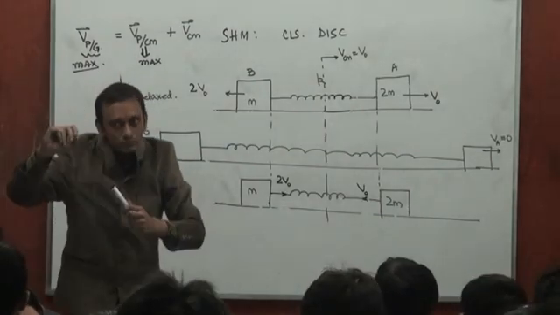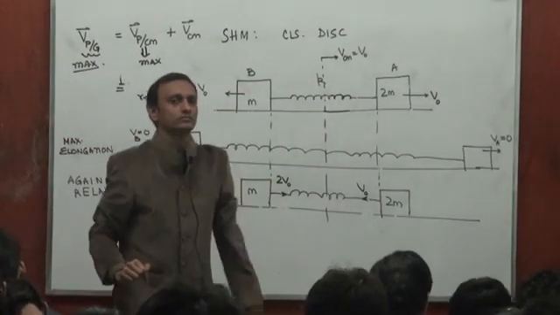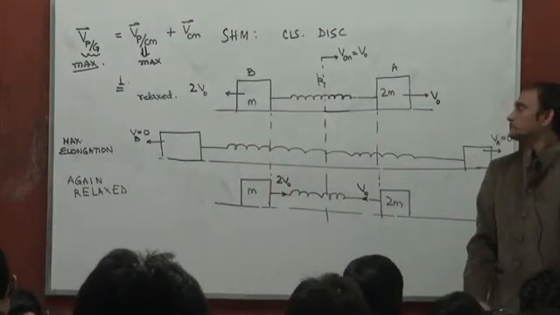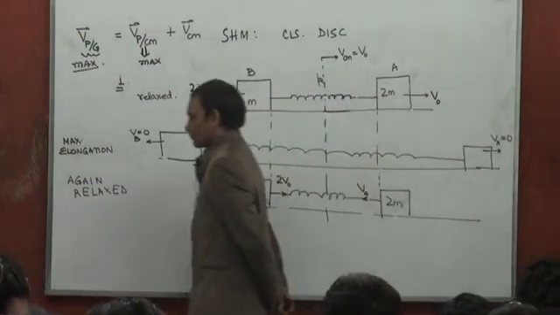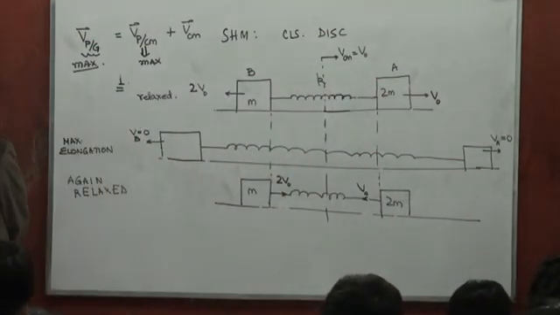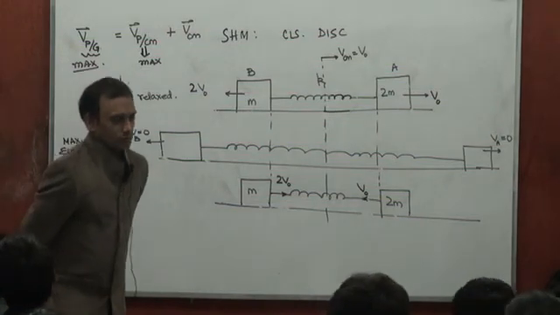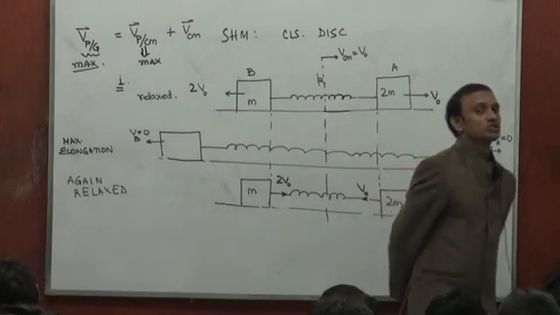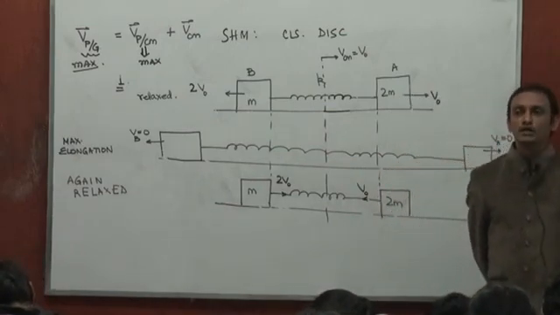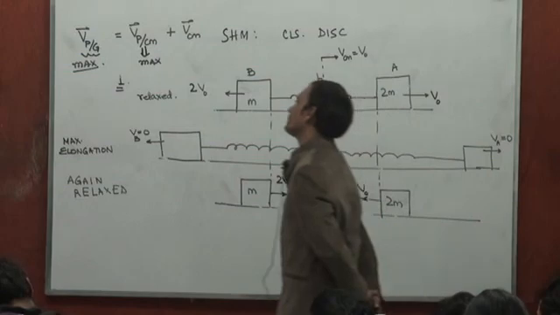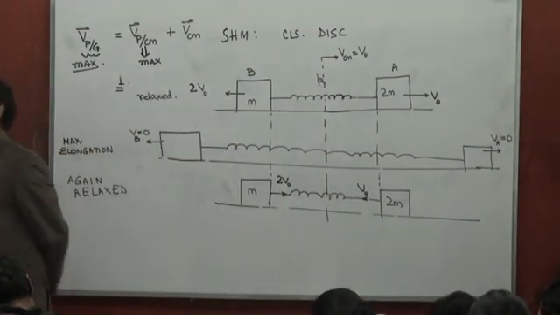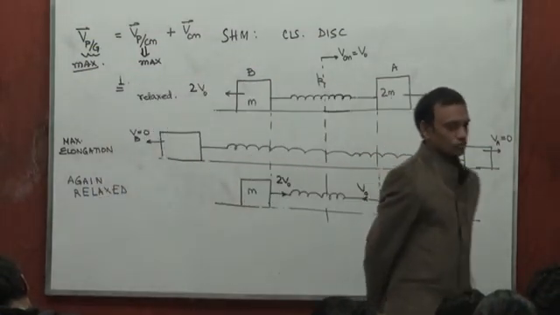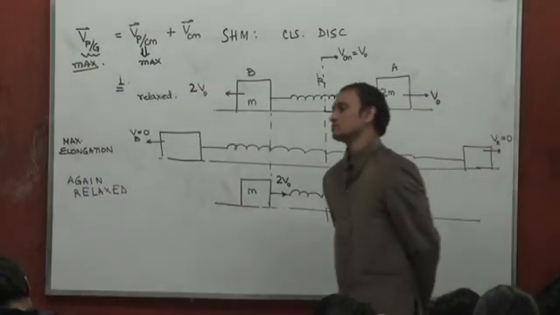Look, write down, so that it's not forgotten. To have a maximum velocity as seen by a ground observer, two things must be guaranteed.